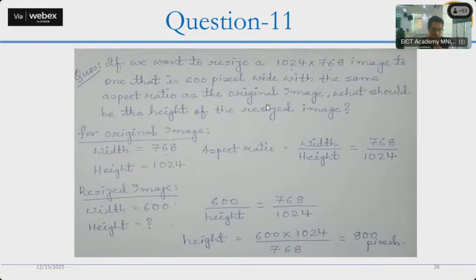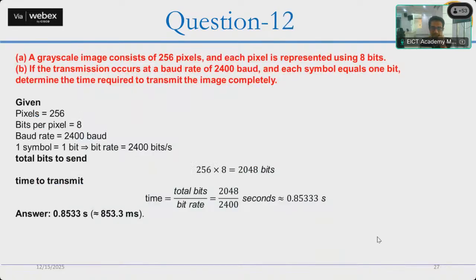Remember, whenever you are solving this problem, one thing to mention is that here it is height into width. Otherwise, by default we take width into height. This problem gives height into width, and it needs to be very clear. So it is shown here as 768 by 1024, and then the resized image has been decreased to 600. So the height will also be changed. That is 800.